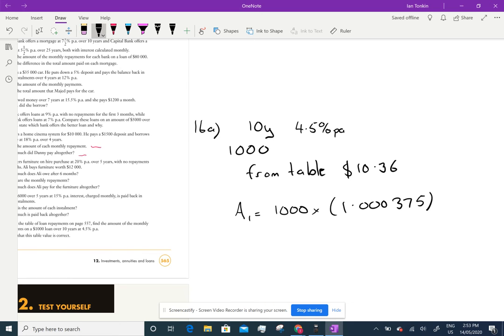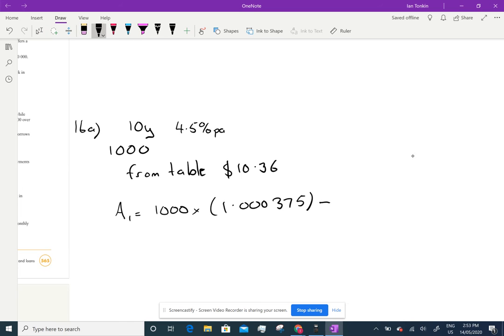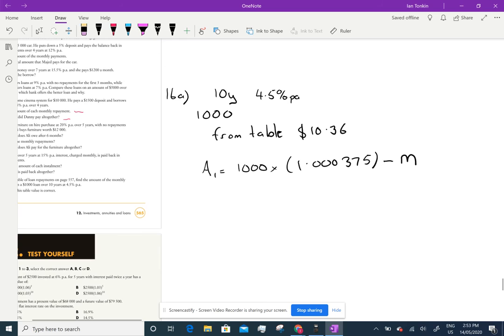That's the interest rate, minus M. Remember, M is what we're going to find.